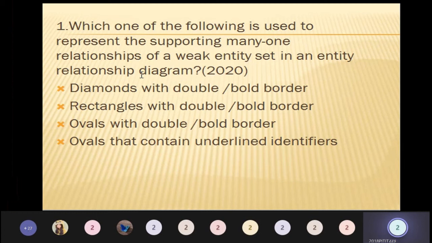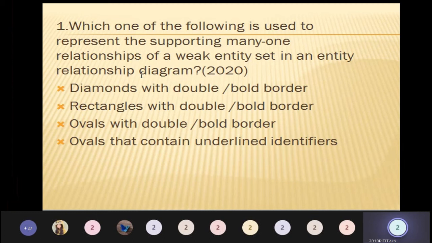So what are they asking? They are asking about the relationship, and a relationship is represented by the diamond shape. They are also asking about the weak entity set.